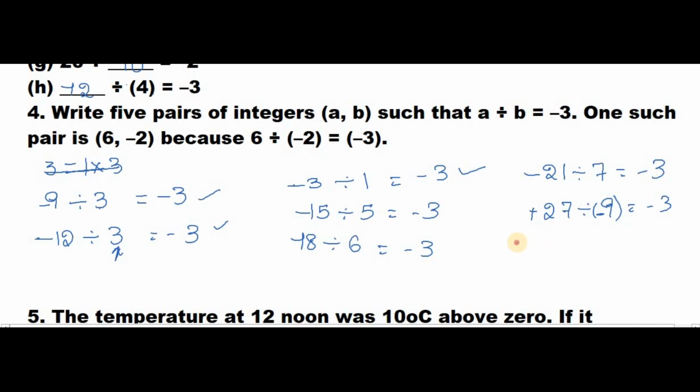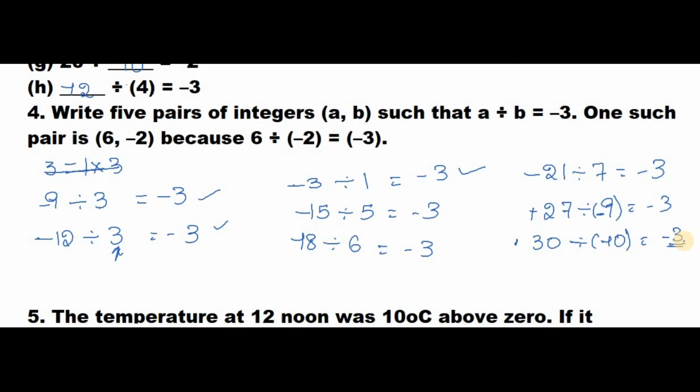For example, and one more like 30 divided by minus 10 is equal to 3. Sorry, minus 3. Like this you can go for so many questions. Okay, students?